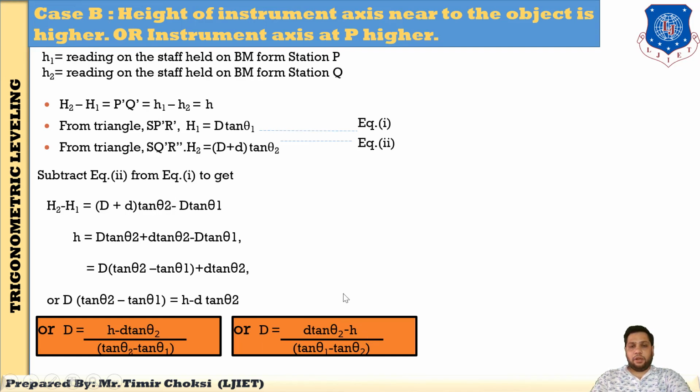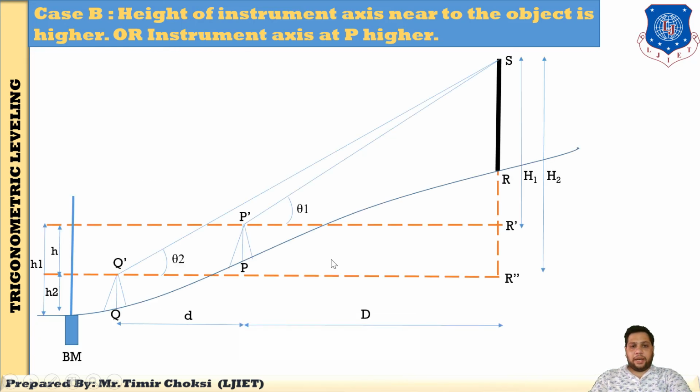In a positive term there is no change, but when the equation is in minus form, you change both things, the upper side as well as the lower side. So d tan theta 2 minus h divided by tan theta 1 minus tan theta 2. Remember this equation. Why? I will explain in the next slide, but I will repeat this particular case.